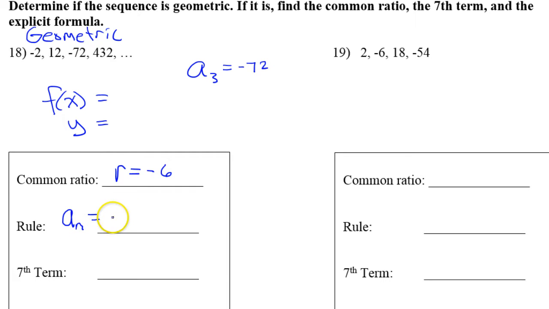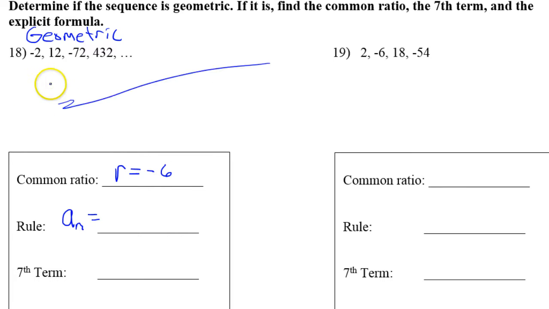So in general, here's how you do it. To find any term you want, you're going to start by writing the first term. A1 would be the first term. And then you use the common ratio and you raise that to the n-1 power.